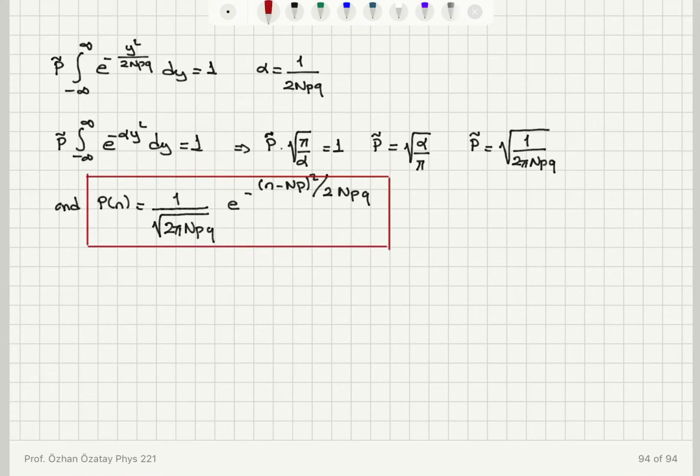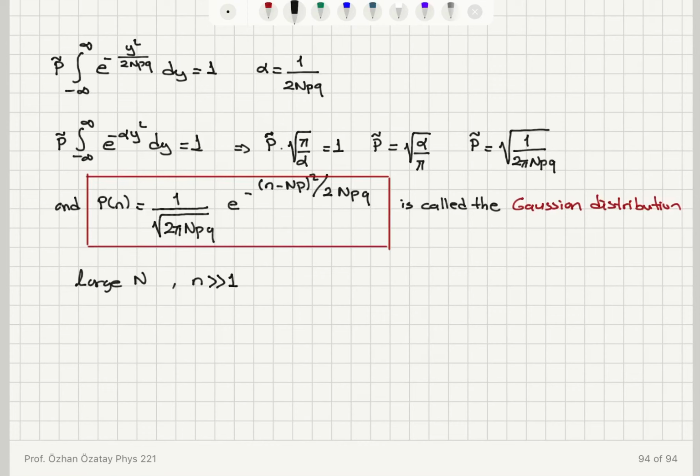So this is something we suggested when we considered the binomial distribution. In the continuous limit, it should be turning into what we call the Gaussian distribution. And this approximation for the probability distribution will work as long as we have a large number of elements, large N, N much greater than 1.